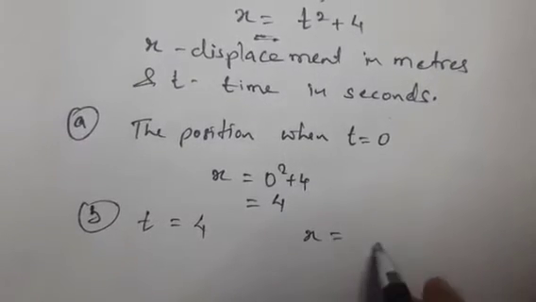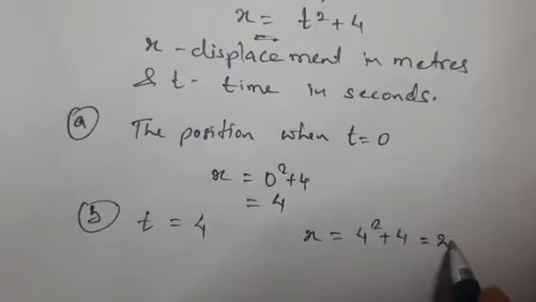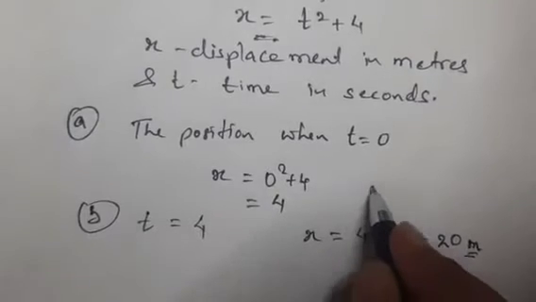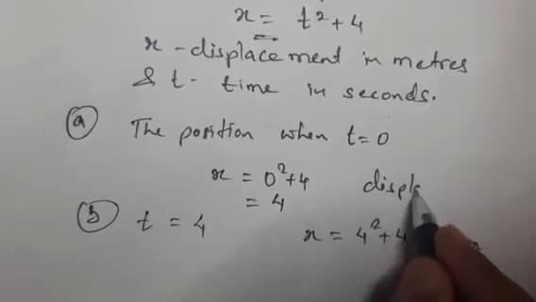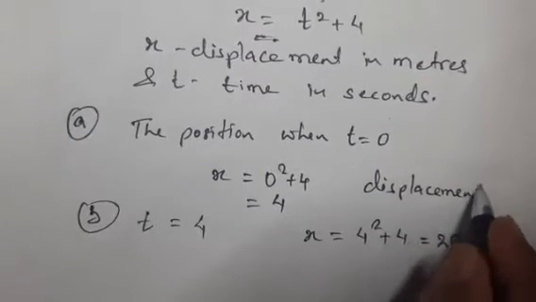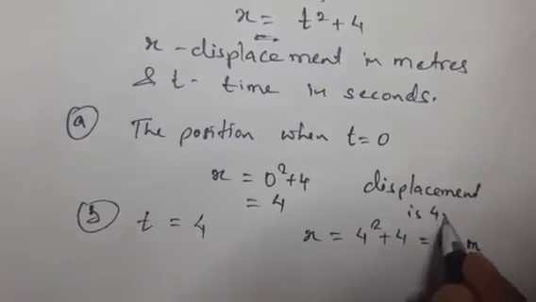Then x equals 4 square plus 4, which is equal to 20. So displacement is 20 meter. In the first case, A, displacement is 4 meters.